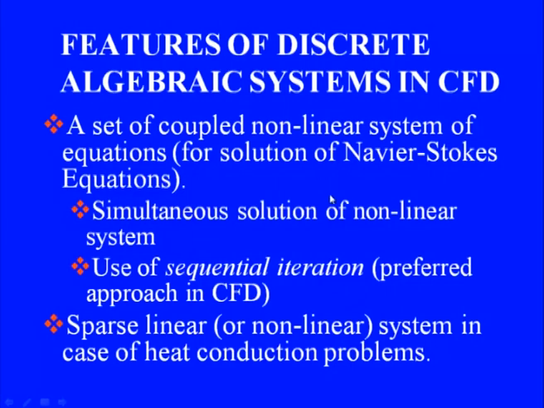So whatever solution techniques we utilize, they should make use of this sparsity feature, both in the storage of the entries of the matrix of the linear or linearized systems, as well as in the solution process. So our choice must be based on the basic nature of discrete algebraic systems which I have just discussed. Now let us have a very brief look at methods for nonlinear systems.